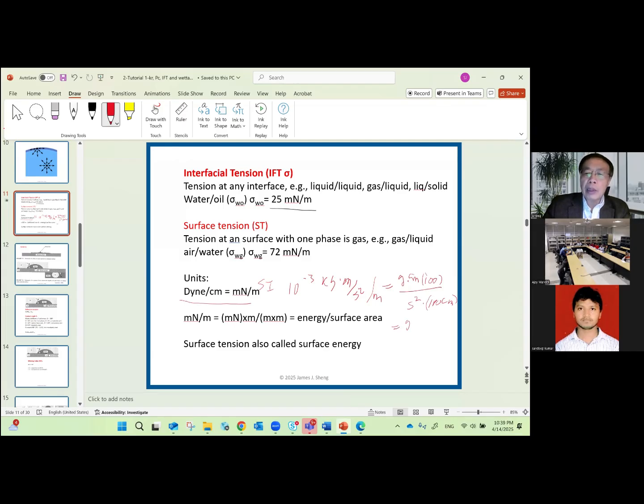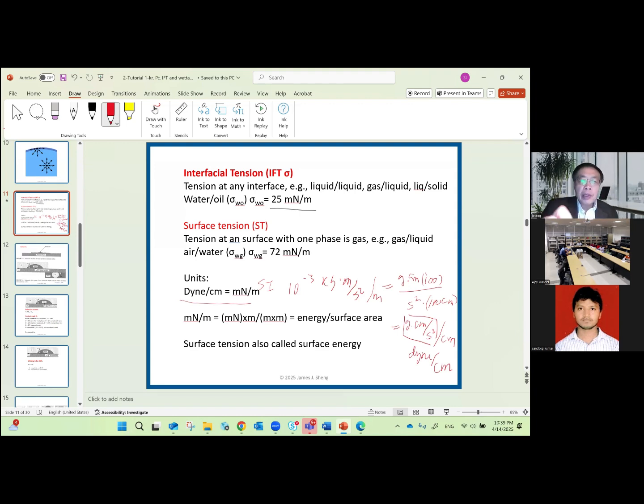What you get is gram centimeter per second squared, per centimeter. Now you can see this is dyne per centimeter. These two units we have derived are exactly the same.